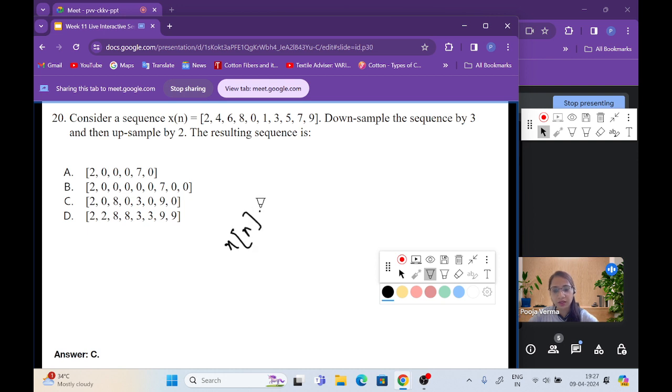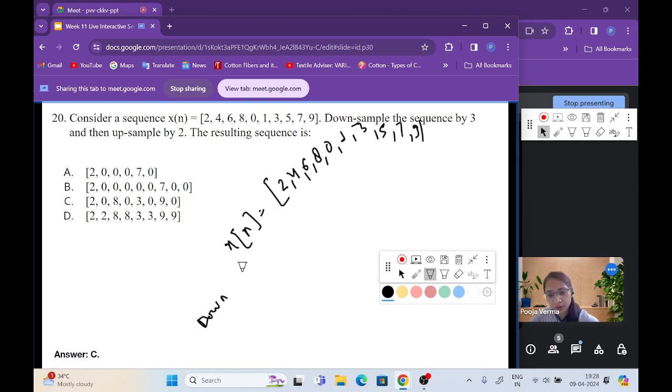The sequence x of n is given as 2, 4, 6, 8, 0, 1, 3, 5, 7, 9. What we need to do first is downsample the sequence by 3.